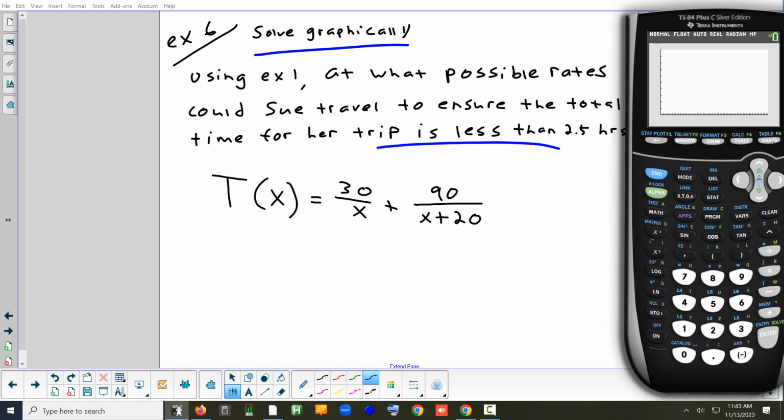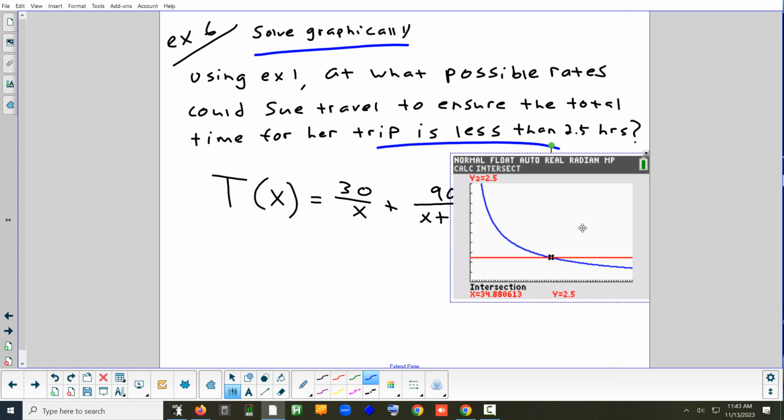I'm going to hit graph. So again, there's the time it takes for her to make the trip. There's a mark at 2.5 hours. What do you think I still want to find next? The intercept. I want to find the intercept. So it comes out to 34.88.